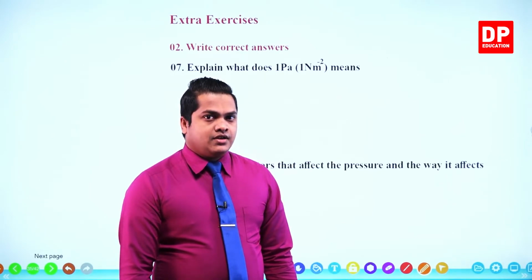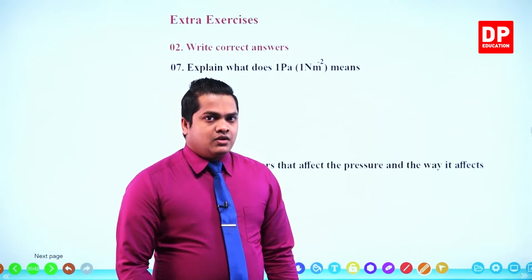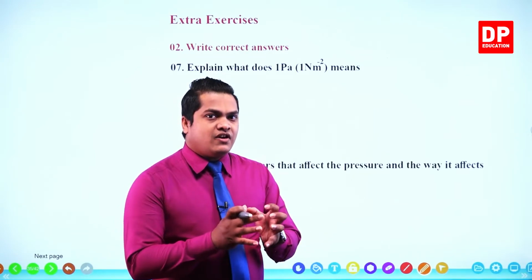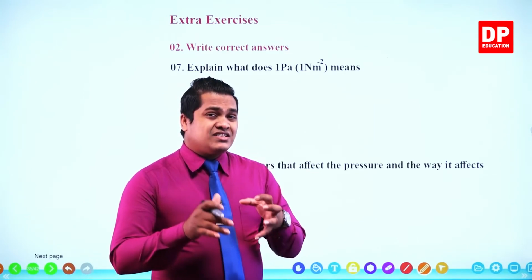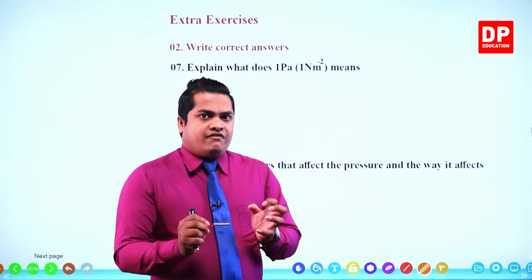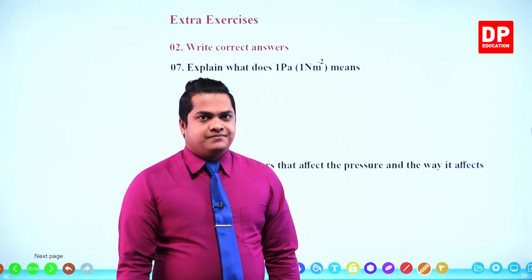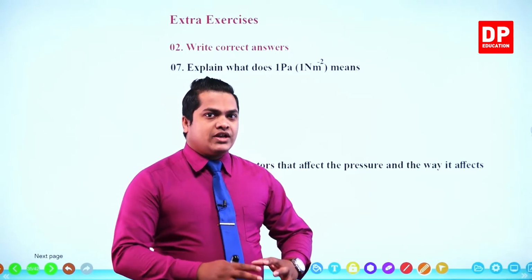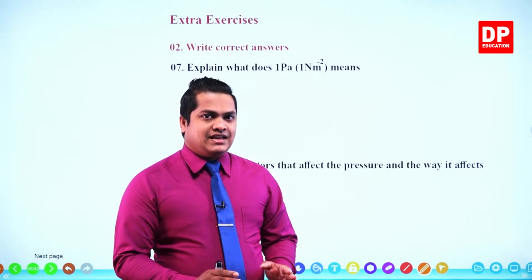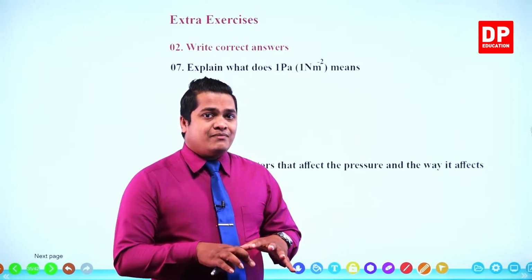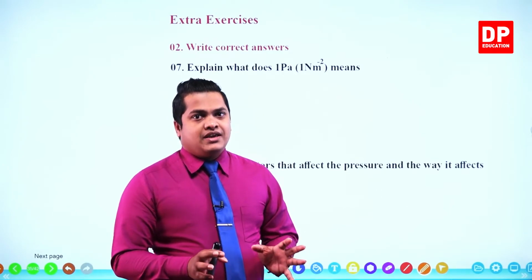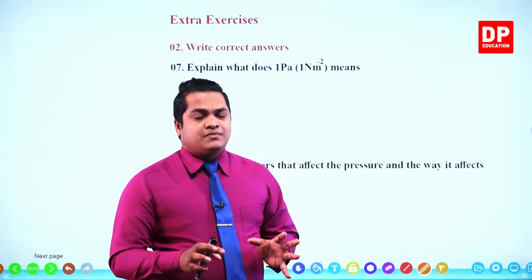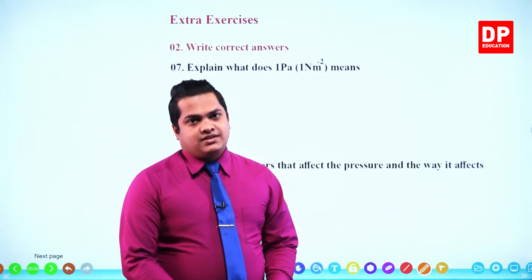What is that? 1 Newton per square meter means 1 Newton of a force is acting on 1 square meter of an area. That is, what do you mean by 1 newton per square meter or 1 pascal?